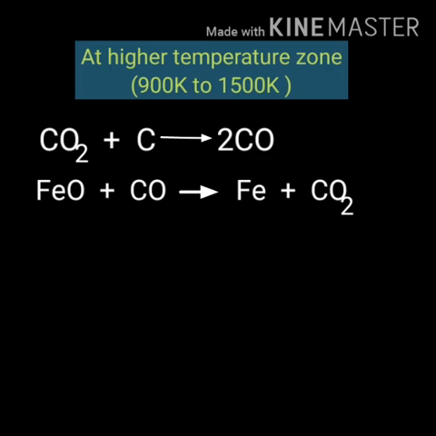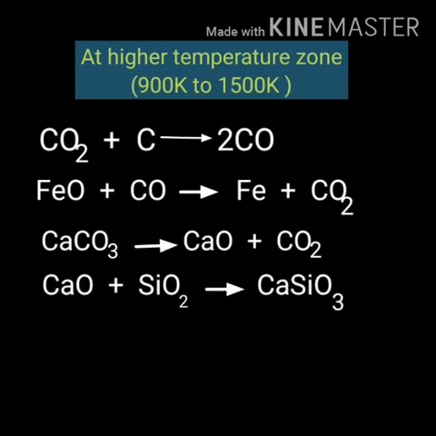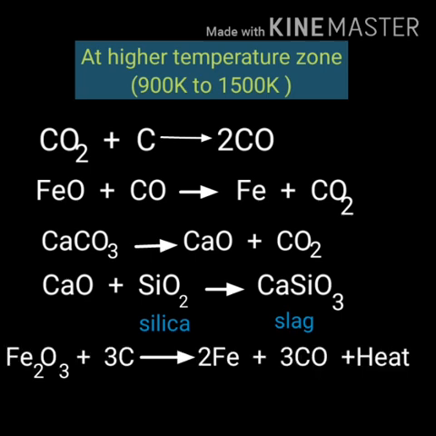In the same region, the limestone, that is calcium carbonate, is decomposed to calcium oxide, which can remove the impurity silica in the form of slag, calcium silicate. If any hematite is there, that is also reduced to iron by carbon.